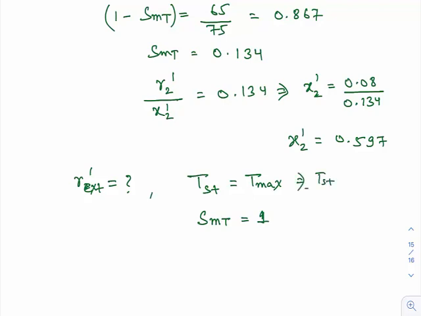Because I know the relation between T starting by T max, which is equal to 2 Sm by (Sm square plus 1). So the new value of the slip corresponding to maximum torque is 1.